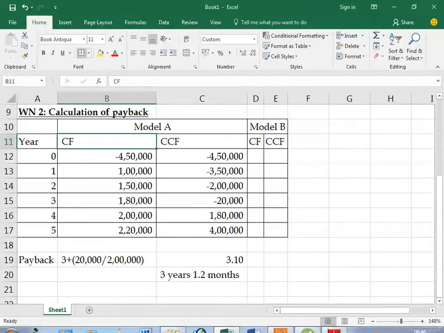Objective is always to get the cash flows. The moment cash flows are done, the problem is almost over. Model A I have done. You do model B's cash flows, cumulative cash flows, and get a payback answer.